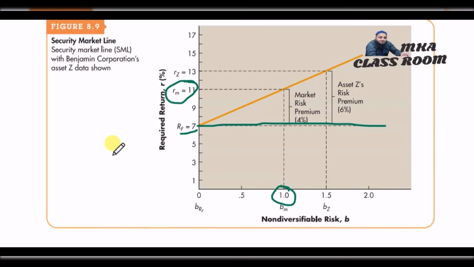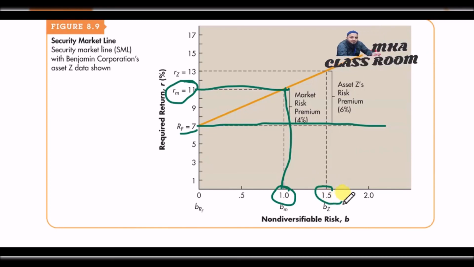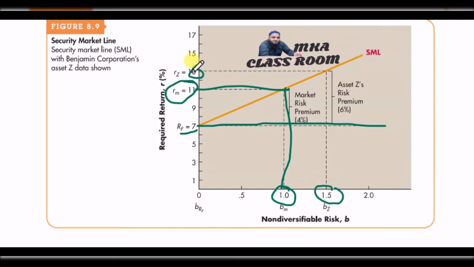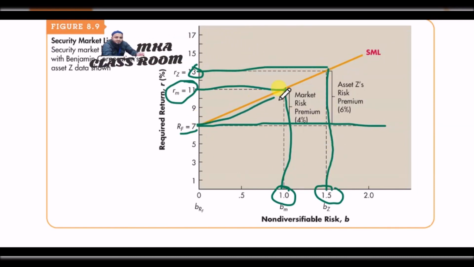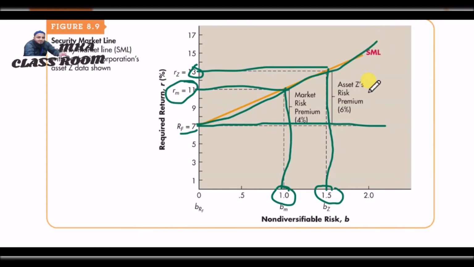So the market risk premium is 4. That intersects at this position. And our stock Z has a beta of 1.5 and a required rate of return of 13%. That intersects at this point. Then if you draw it this way, that is our SML. Asset Z's risk premium is 6% and the market risk premium is 4%. So this is our required SML, the security market line.